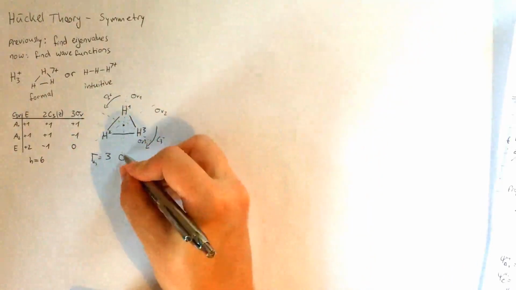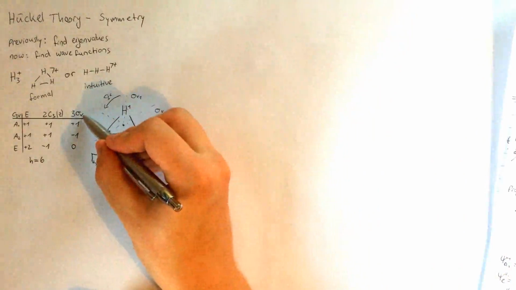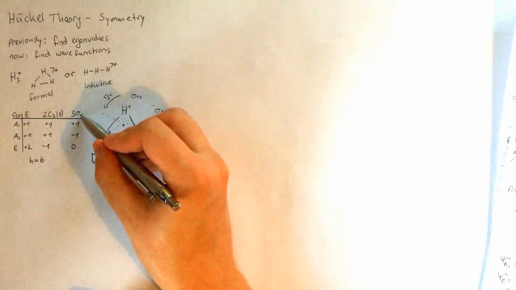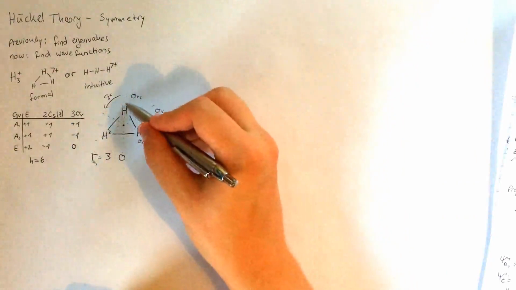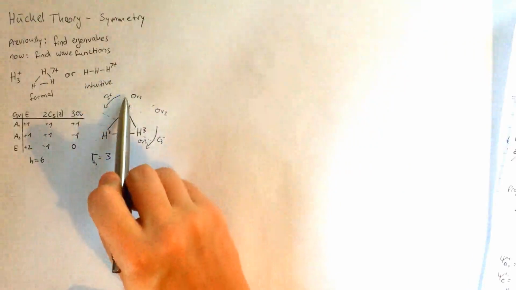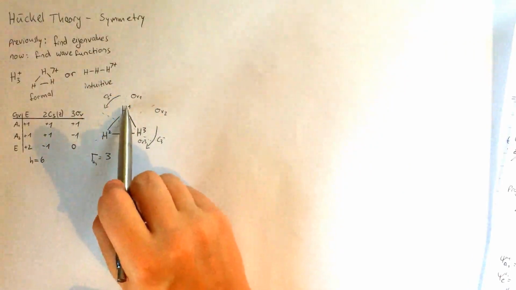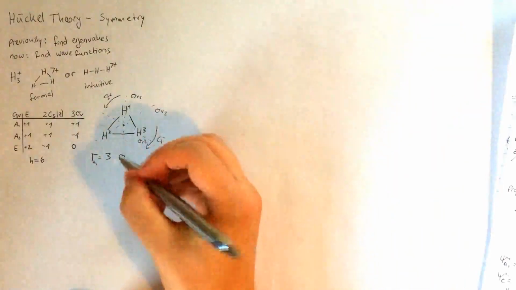So we give it a 0. When we apply our mirror plane, the mirror plane goes through one hydrogen each time, which means if we mirror, for example, across here, hydrogen 1 will stay where it is, hydrogen 2 and 3 will swap places, so we give it a 1.